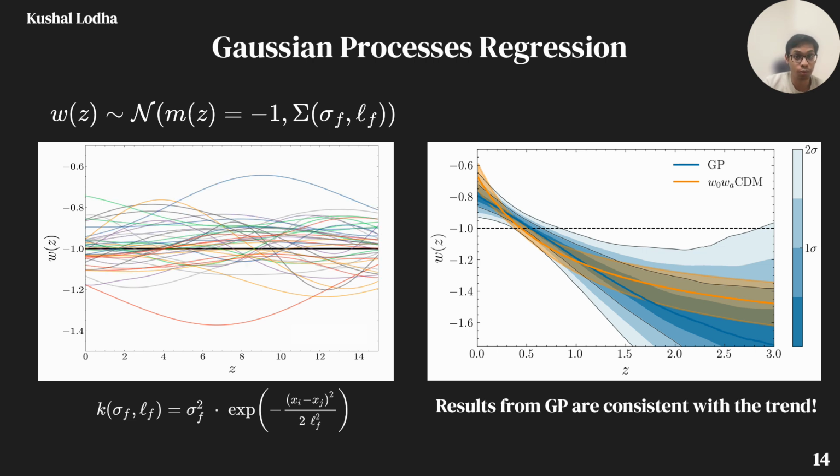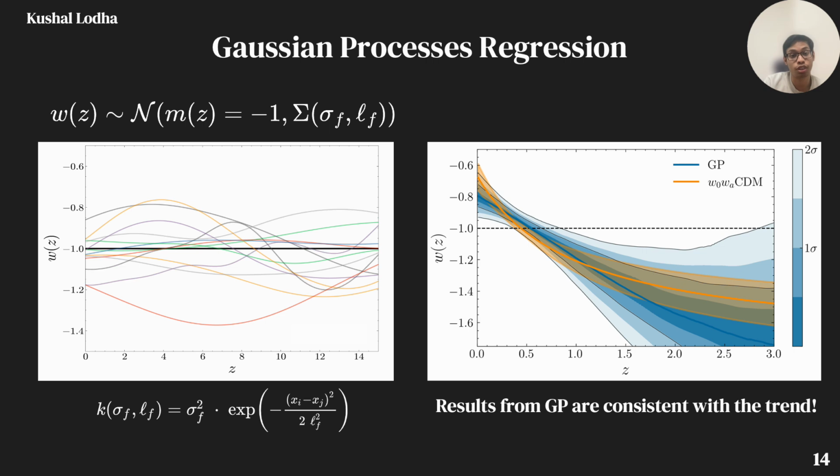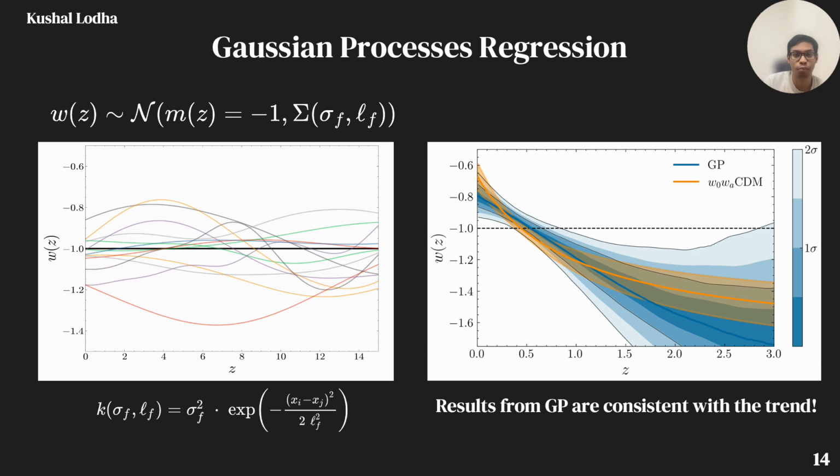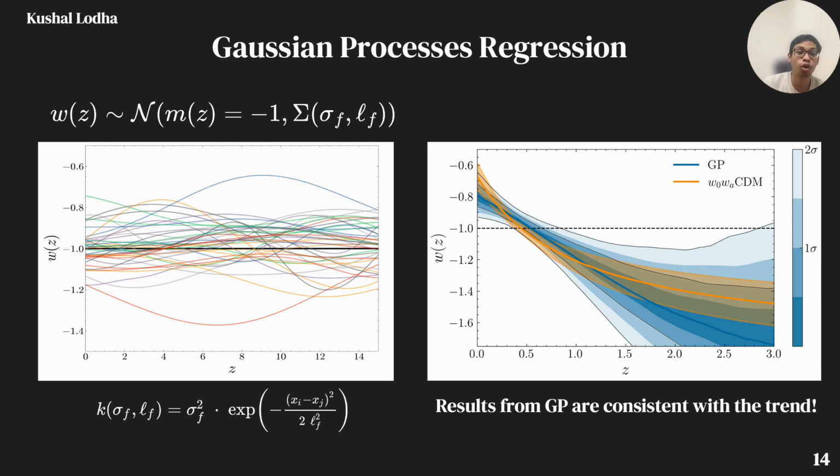The amplitude sigma f dictates how much our samples deviate away from the mean, and the correlation length l f sets how smooth these samples are. This setup allows us to draw smooth w of z from the prior distribution and test them against the data. You can think of it as marginalizing over a family of curves rather than parameters of your favorite model.